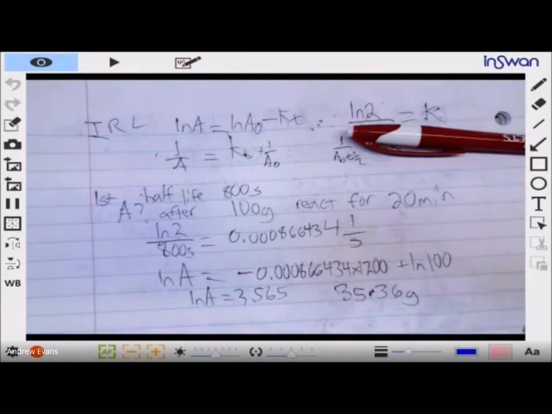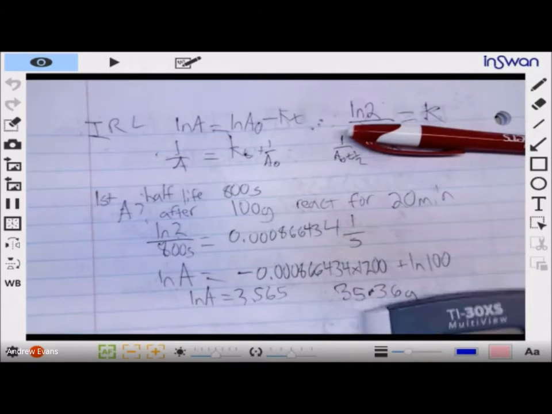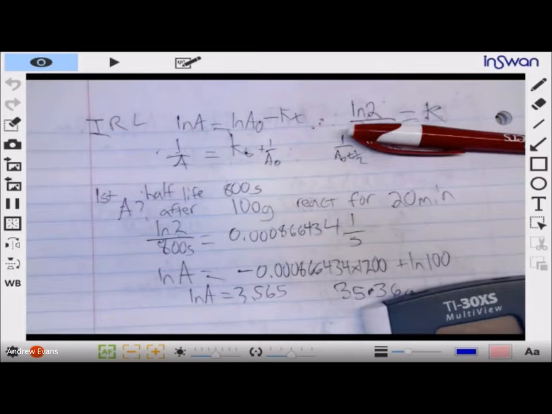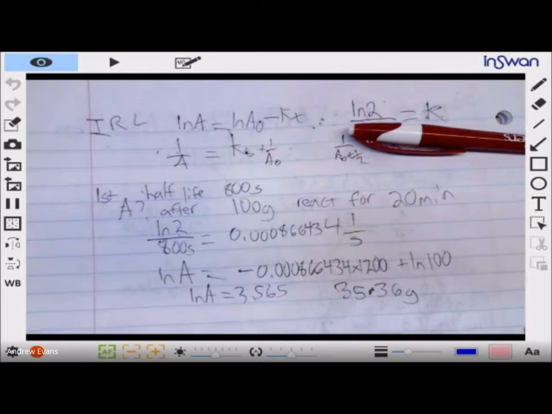Does that make sense? Well, the half-life is 800, so 2 half-lives would be 1,600. We have allowed 1,200 seconds to pass, so it's somewhere between 1 half-life, which is 50, and 2 half-lives, which is 25. Is 35 between 50 and 25?